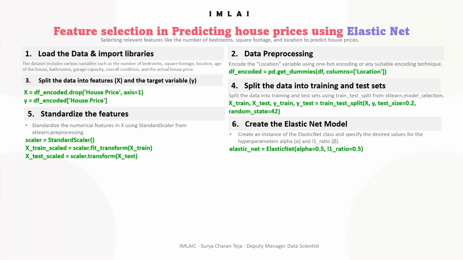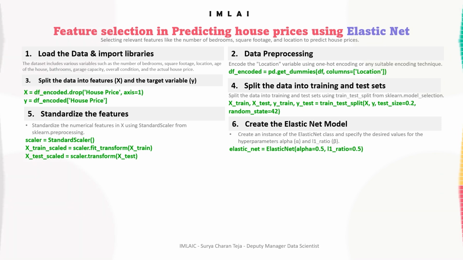Lasso regression has just alpha, ridge regression has just beta, that's L2, whereas the Elastic Net model consists of two hyperparameters, which are alpha and L1 ratio, which can be called beta.